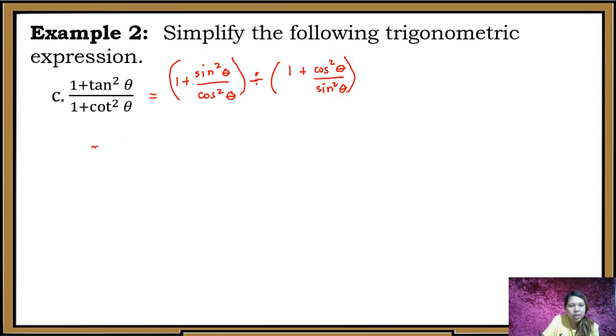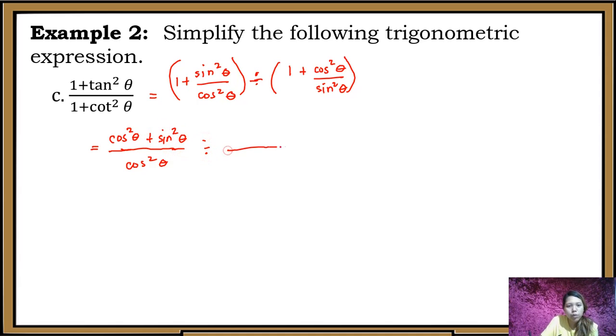Okay, so we get our LCD on our first group. So we have cos squared theta. Cos squared theta divided by 1 is cos squared theta times 1. That's cosine squared theta plus sine squared theta.